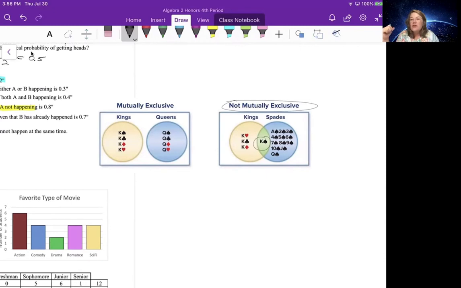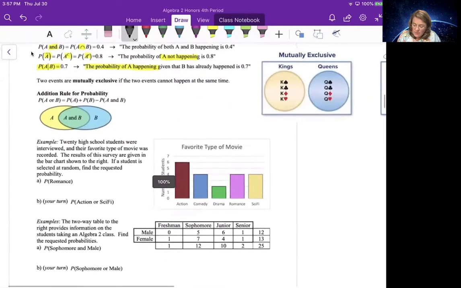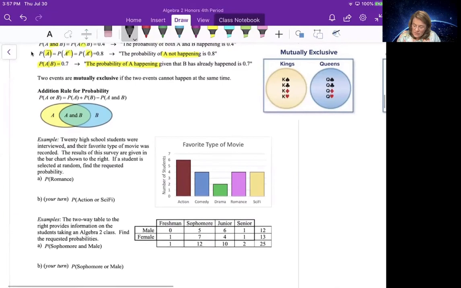And there's lots of cards out there that are not kings but are spades, and there's kings that are not spades. Do you follow me? So they are not mutually exclusive if the two categories can overlap. And why is that important? Because how we determine the probability of a mutually exclusive or not mutually exclusive group is different. If I have this term "or," I'm going to have an addition.